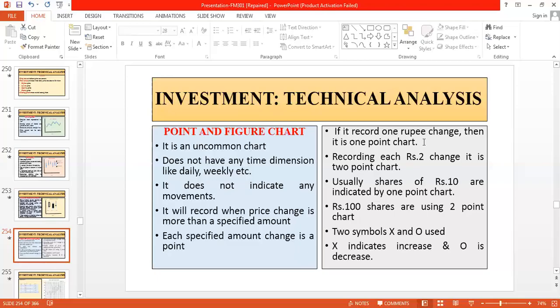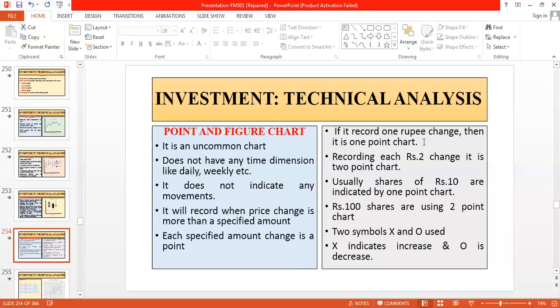X indicates increase. X here actually does not mean the X axis, X means a symbol, the cross symbol. And O means zero, it indicates decrease. So if the price decreases by say 1 rupee, then each 1 rupee change will be indicated by 1 zero.